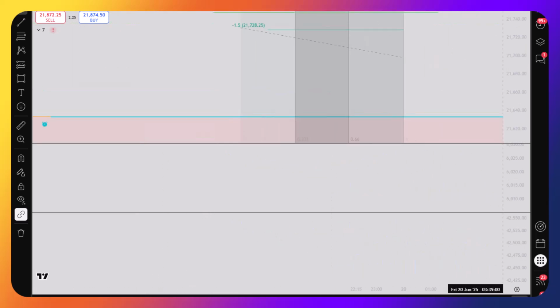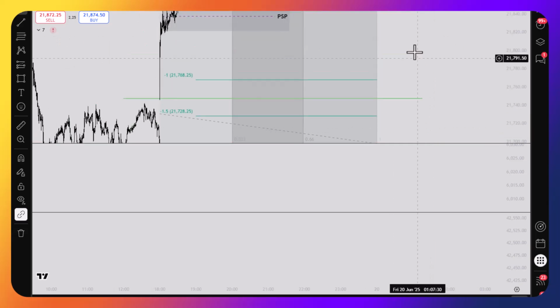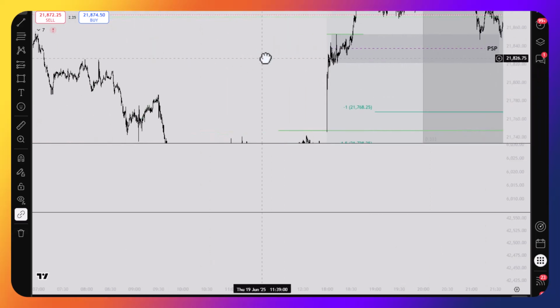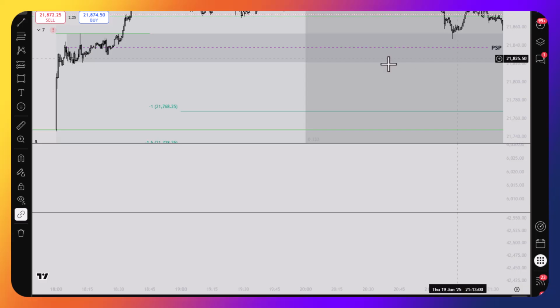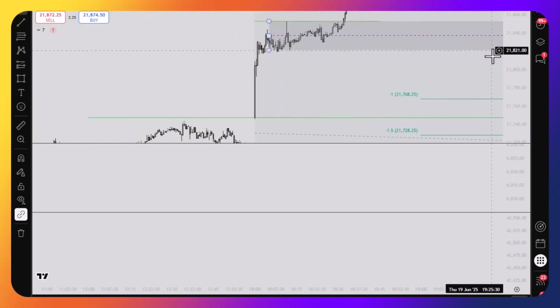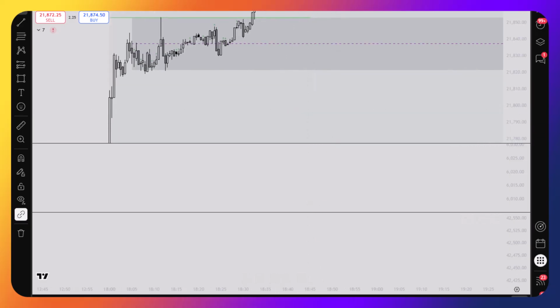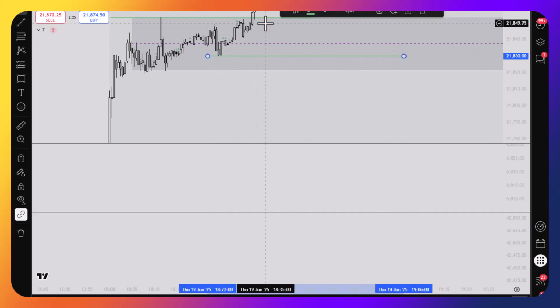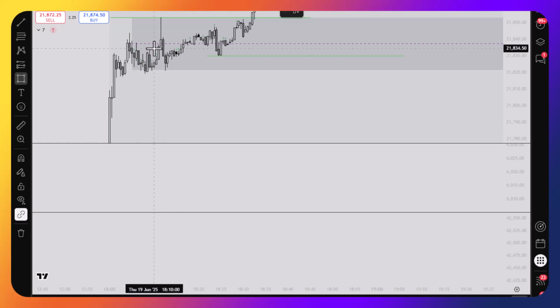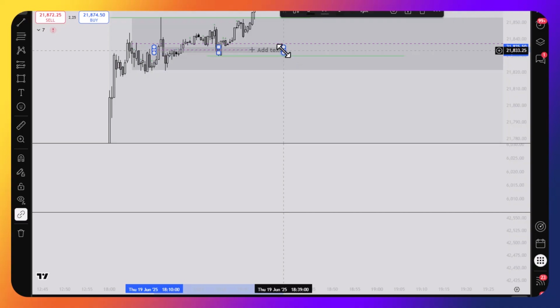With that idea of the PSP candle, you can see the candle closed, and then you want to buy retests of the PSP candle, and you might want to look for imbalances to purchase, especially imbalances that haven't been seen yet. So maybe you want to purchase under here. That might be a nice liquidity sweep to purchase. And I also really like this balanced price range here. This might be one as well.